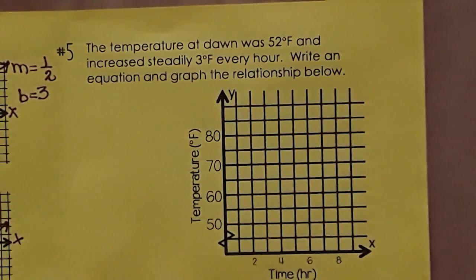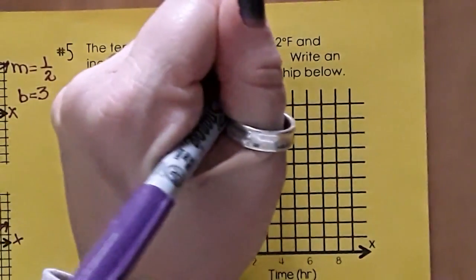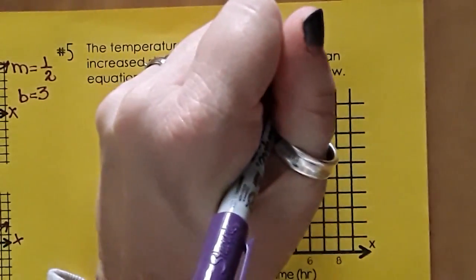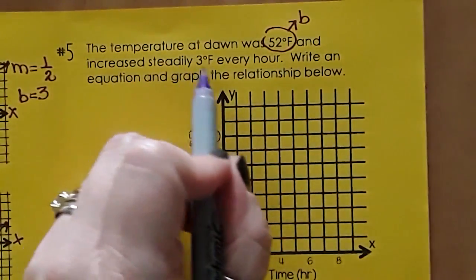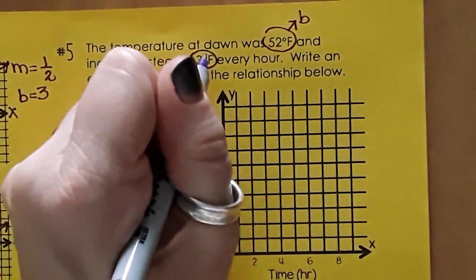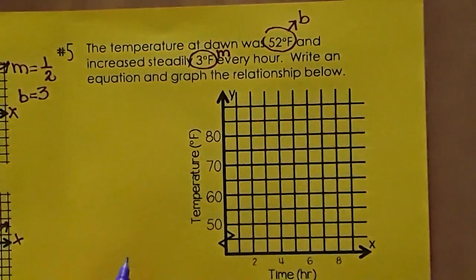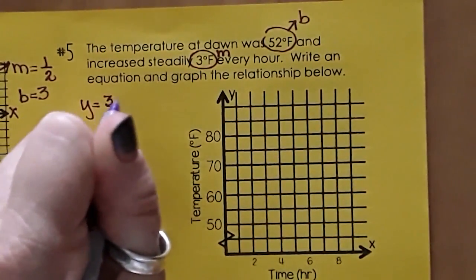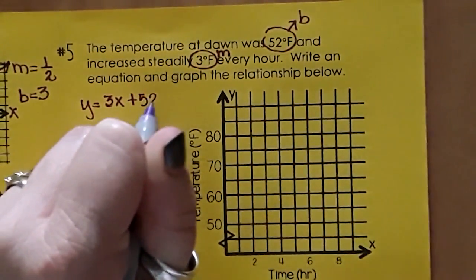My b is that initial starting point, or my y-intercept, which is the 52 degrees. And then every hour it increased, so it's a positive slope, and that is my m. We can use that every just like if we were saying per. All right, so we're going to write our equation. Y equals 3x plus 52.